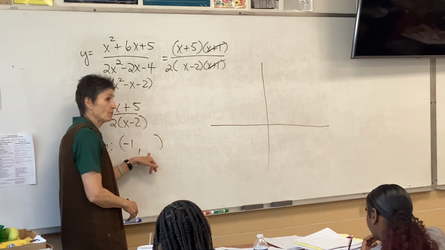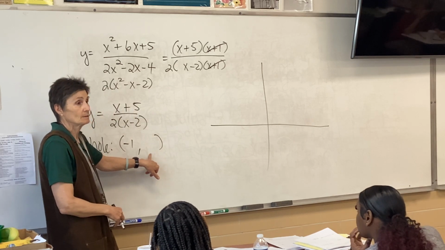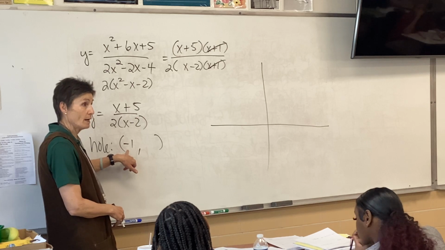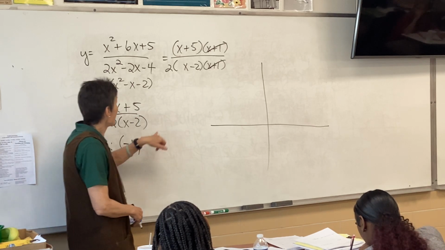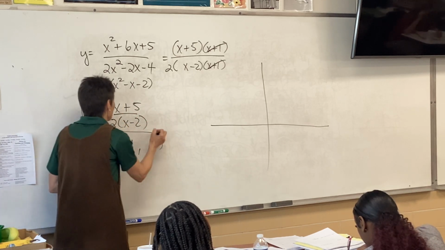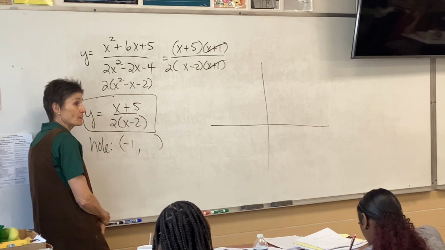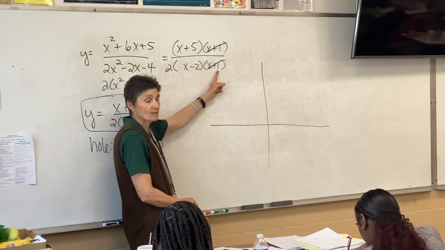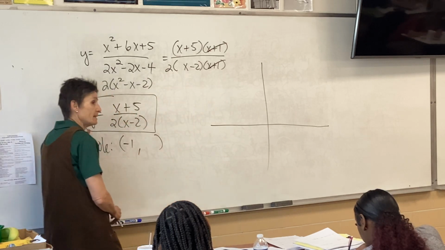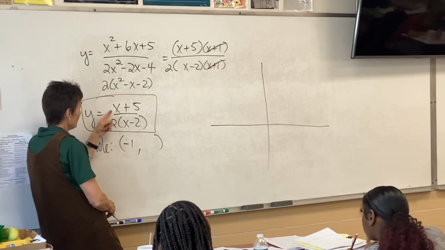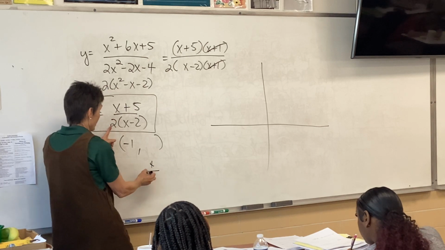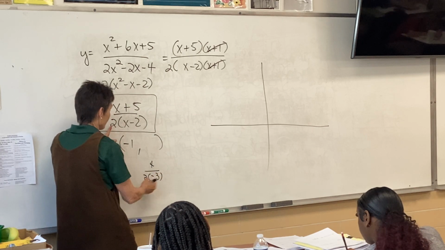How do I find the other half of this point right here? I plug in -1 for the x in my reduced problem. Plugging -1 in here isn't going to work. Can't have a 0 in the bottom, so you got to plug it in here. So putting in -1 is going to be 4 over 2 times -3.